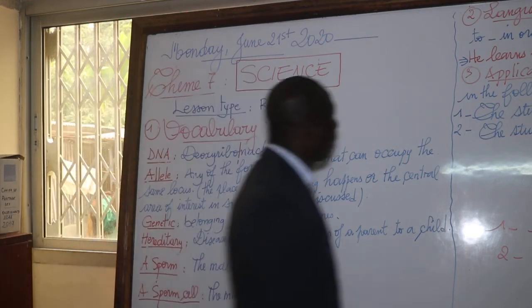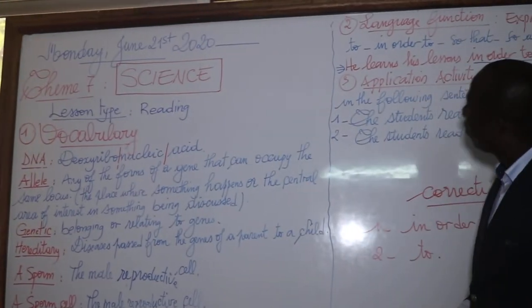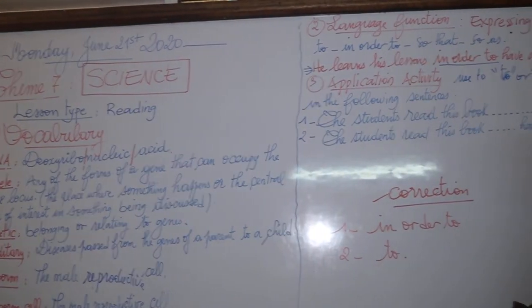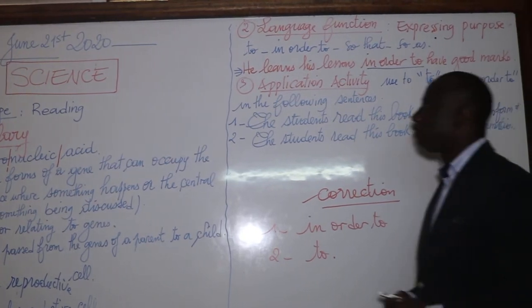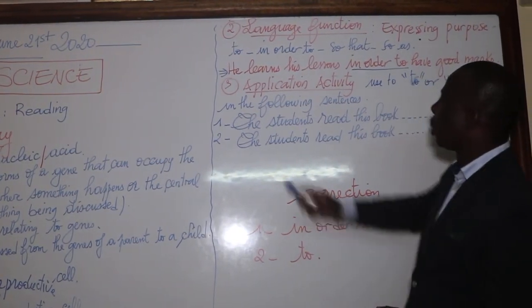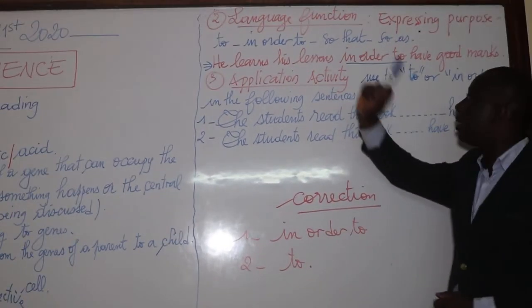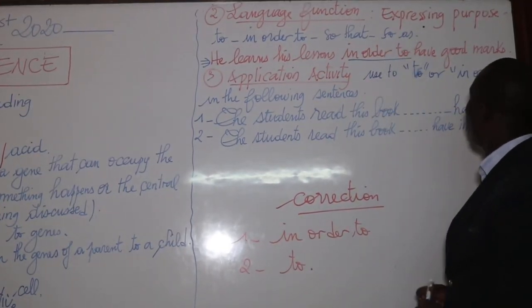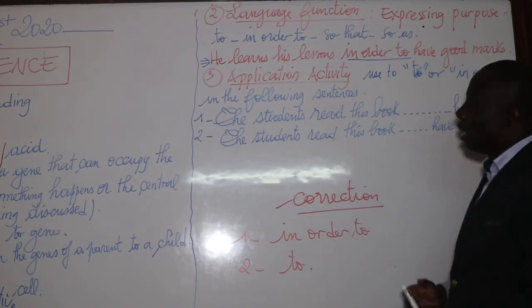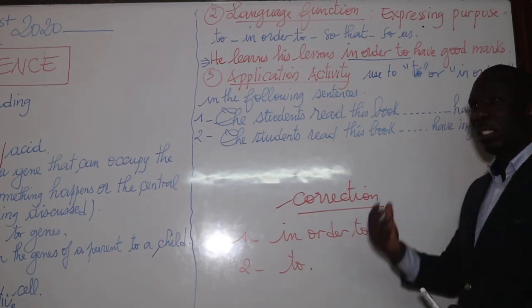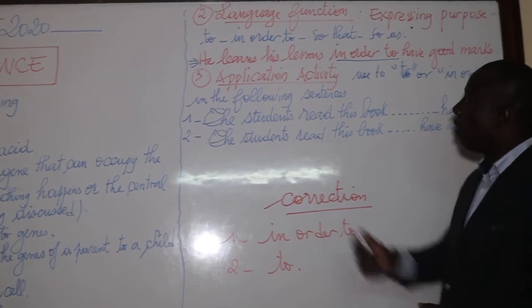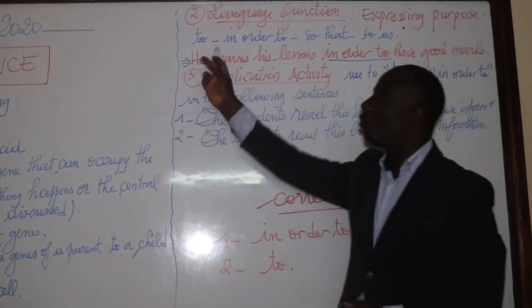Now number 2, our language function, expressing purpose. We use to, in order to, so as to express the purpose. It means that if you want to express the purpose, those words are necessary to say what you want.